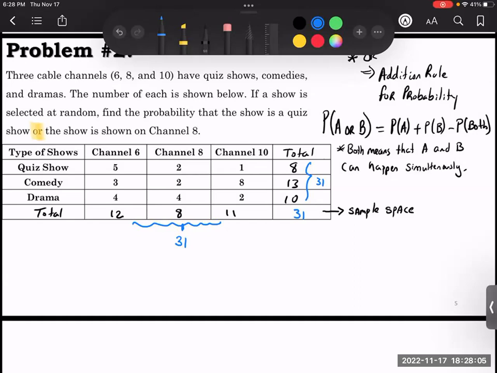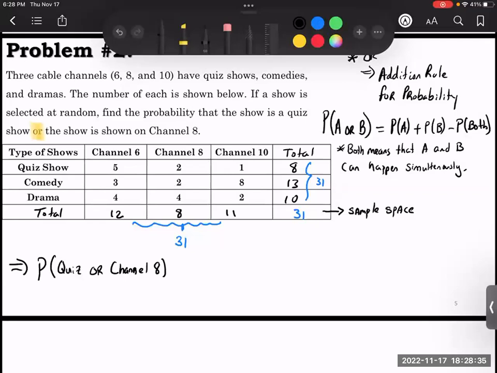All right, now that I have my table completed, I'm ready to solve this problem. I just have to use the formula. All I have to do is replace A with quiz and replace channel 8 with B. So we're going to have the probability of quiz, I'll just put quiz for short, or channel 8.